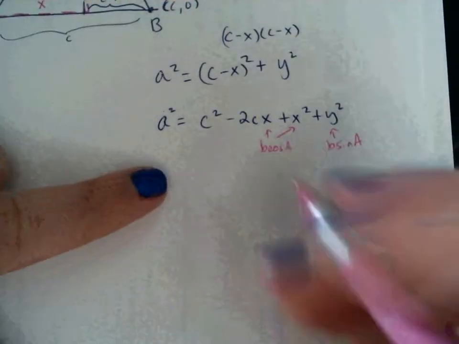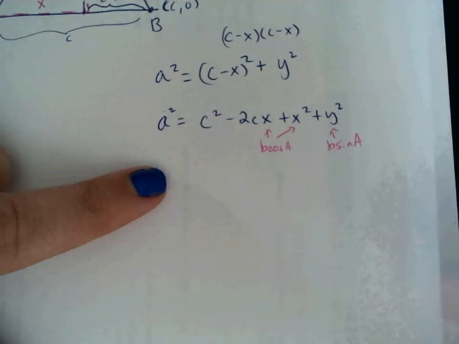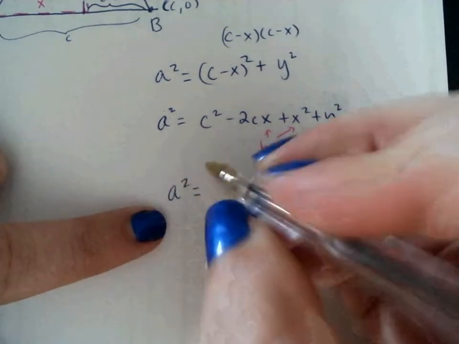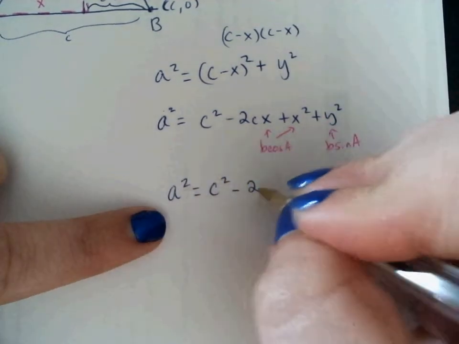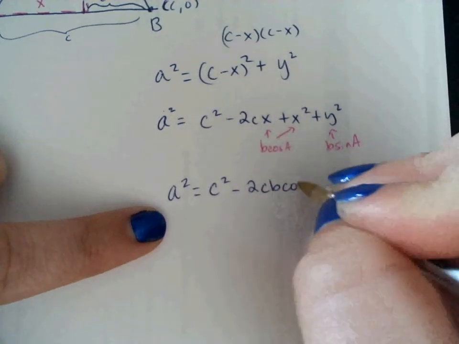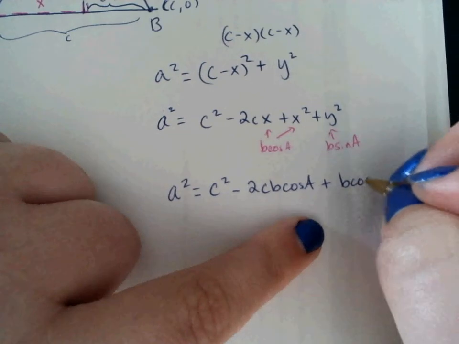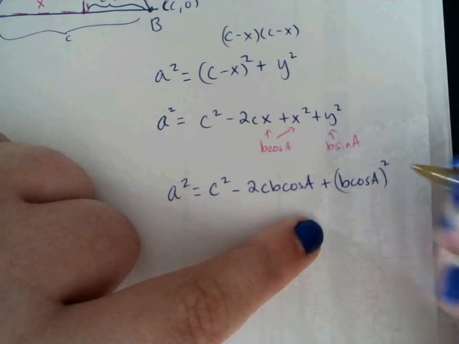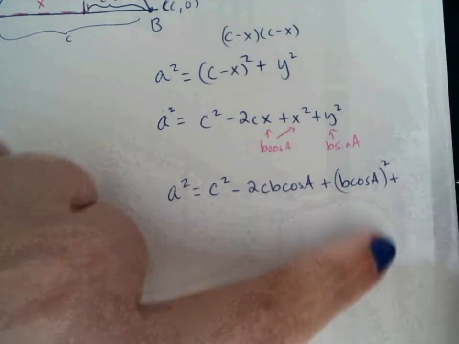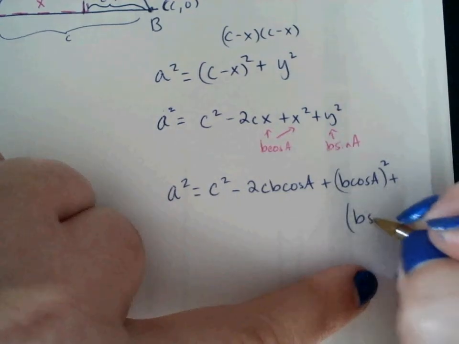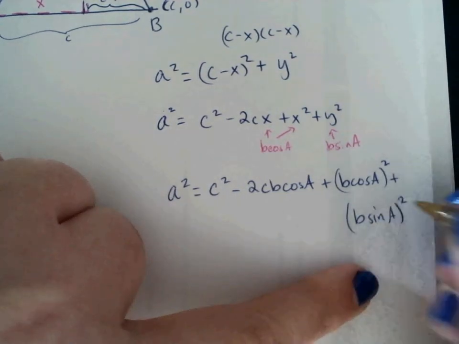And so here we go. a squared equals c squared minus 2cb cosine a, so I just replaced it, plus b cosine a quantity squared plus b sine a squared.